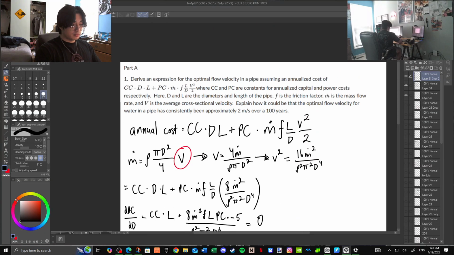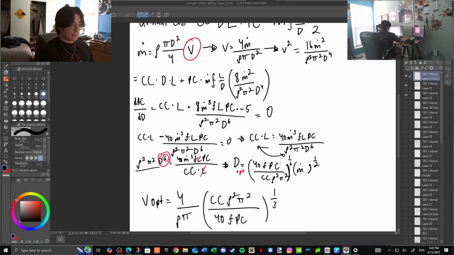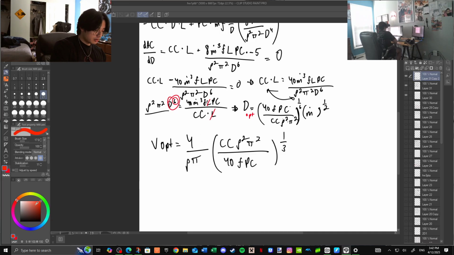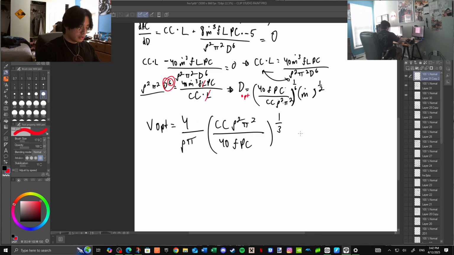So the question asked how it could be that the optimal flow velocity for water in a pipe has consistently been approximately 2 meters per second over 100 years. And people ask that because obviously costs do change, but we need to remember that the capital cost will increase over the years, but so will the power costs, and they actually increase in the same proportions.